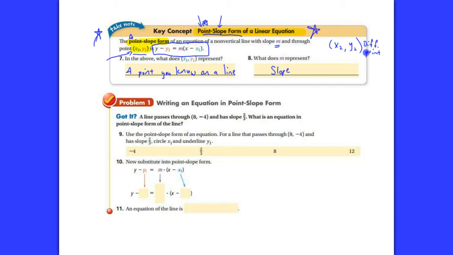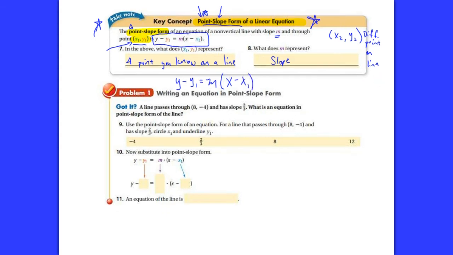We saw that when we learned the slope formula not too long ago. So the magic formula again: y minus y sub 1 equals m, the slope, times the quantity x minus x sub 1, where x sub 1 and y sub 1 are a specific point on the line.